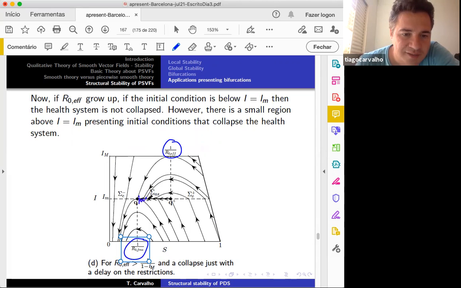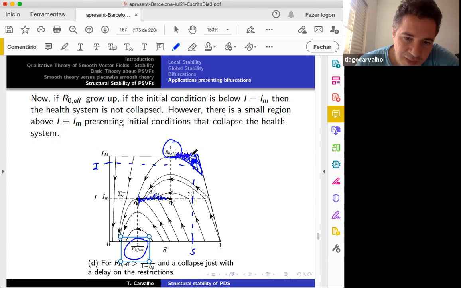But look, in this situation we have a region corresponding to initial conditions of I and S such that if you take the initial condition here and apply the intermittent control protocol, the health system will collapse.